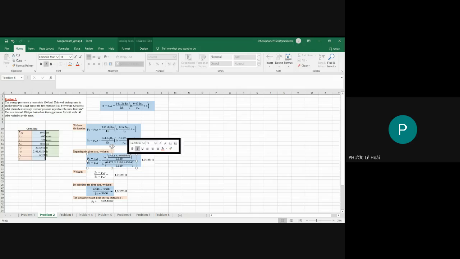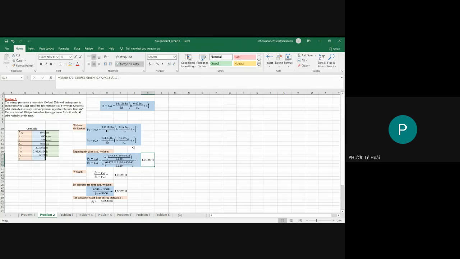This one here is the radius of well one, and this one is the radius of well two. For the skin factor in this case is equal to zero, so we can cancel it out. After we divide these two equations, we have this number 1.04. It is also the ratio of the two pressures here.